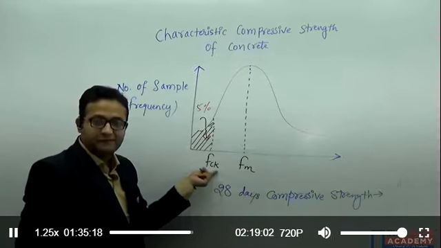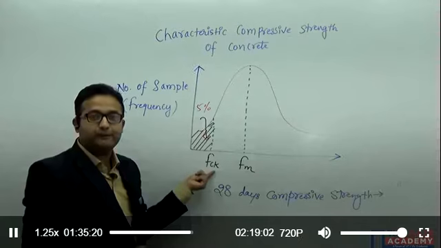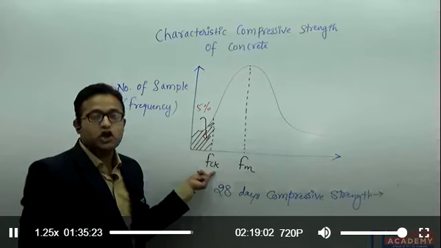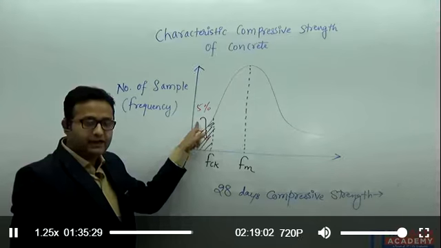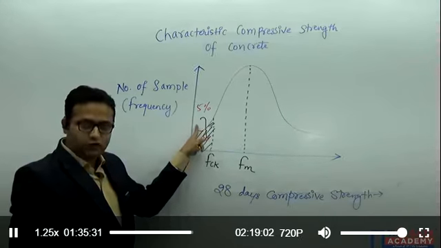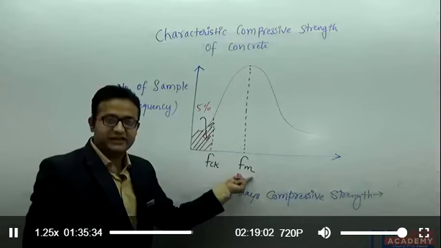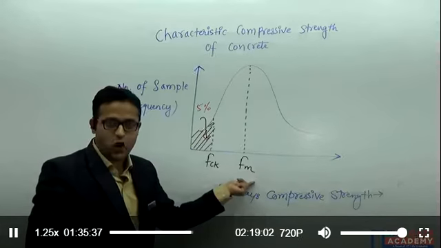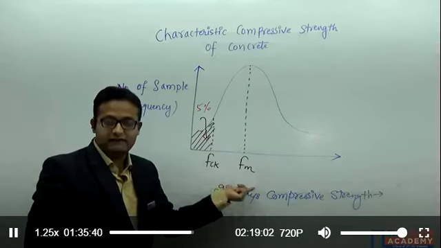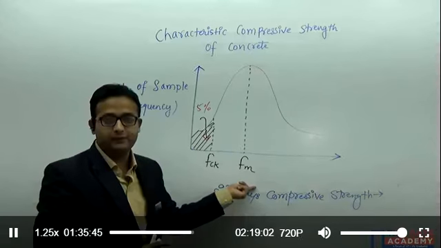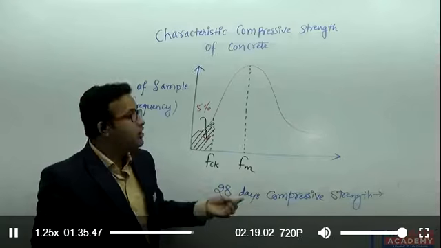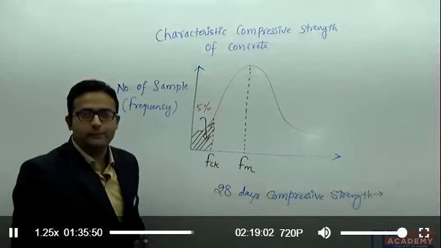What is the definition of FCK? FCK is the characteristic compressive strength of concrete for which not more than 5% results are expected to fall. Right? Only 5% results are expected to fall, not more than that. So what should be the definition of FM? Which is your mean strength of concrete. So we can write the definition of FM as the strength of concrete for which not more than 50% results are expected to fall.